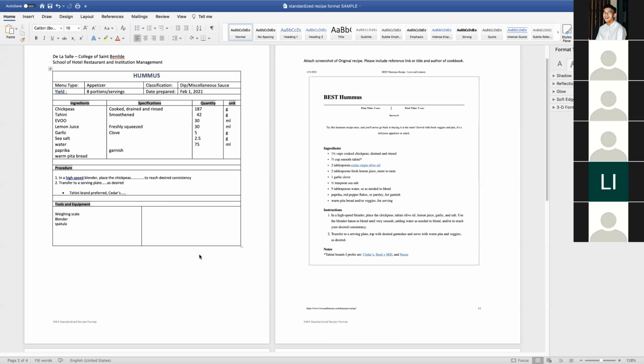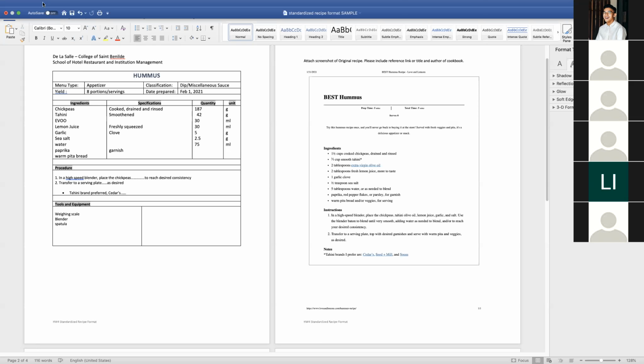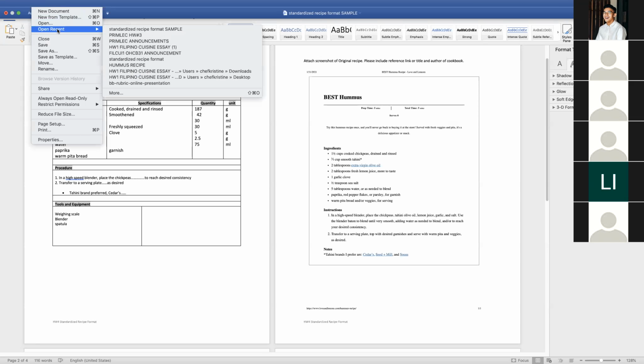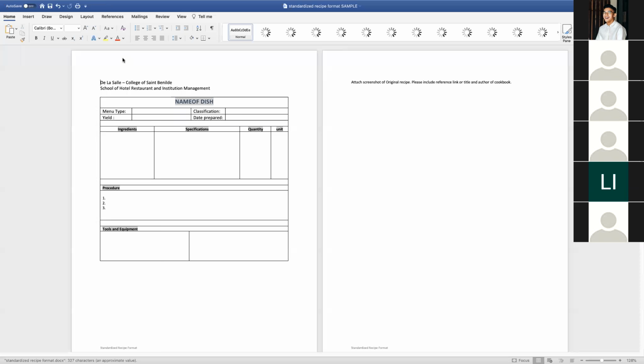All right. So this is the example. Now I will be uploading a blank format of this example. Wait lang so that you could see. Okay, so this is the blank format. It's the same file that we used earlier, but this time this is blank.